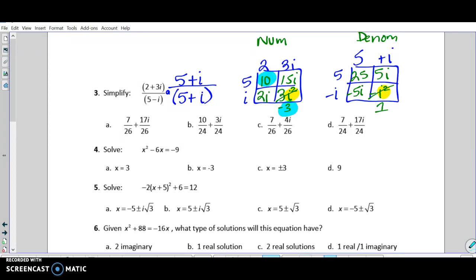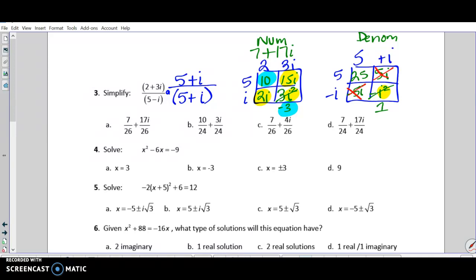So the constants go with the constants, and the i's are going to go with the i's. So 10 minus 3 for the numerator is going to give me 7, and 2i plus 15i is 17i. Now this is really nice over here because these are going to cancel out.